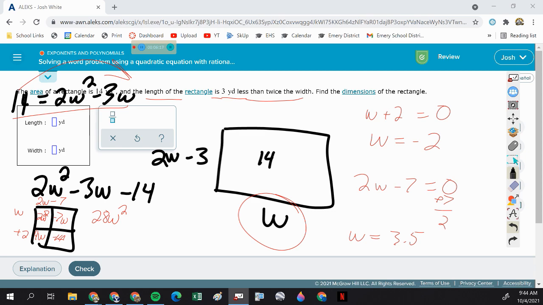Length has to be positive. So that actually doesn't work. So 3.5 is W. So if W is 3.5, what is the length? Well, we would put 3.5 in there. 2 times 3.5 is 7, and 7 minus 3 is 4. So the rectangle has a length of 4 and a width of 3.5.